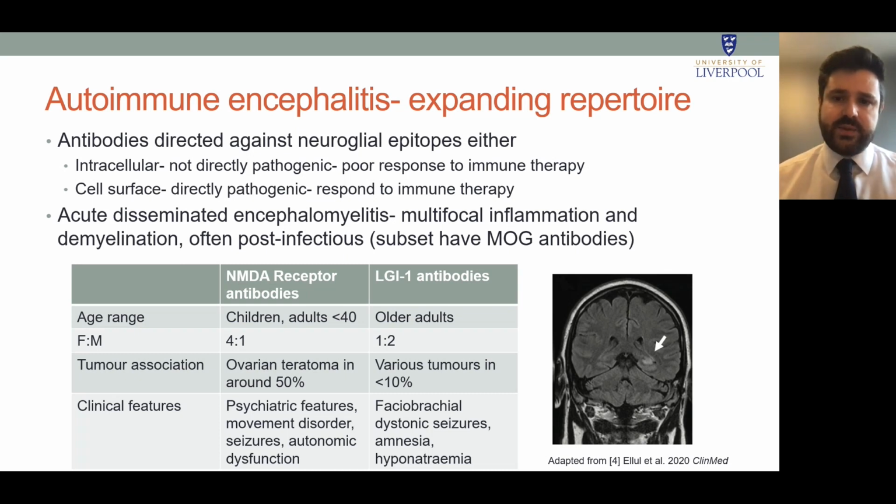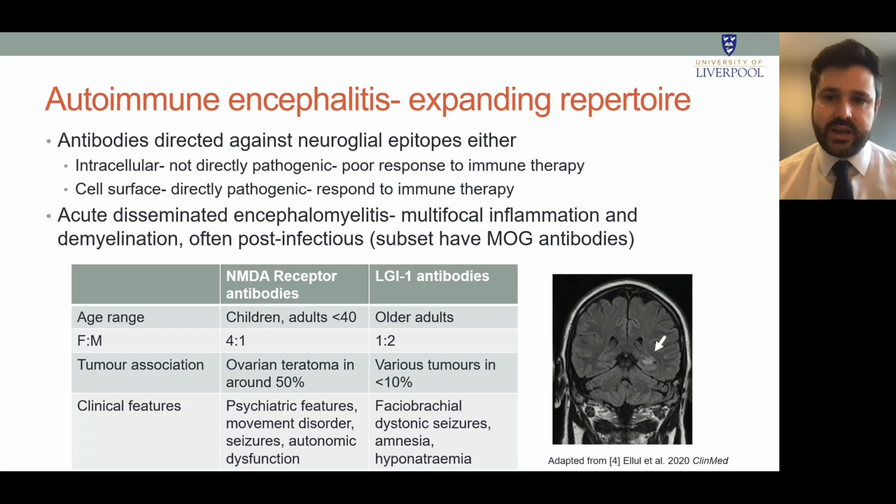These are unlikely to be directly pathogenic and generally had a poor response to treatment. But we're now increasingly recognizing antibodies against cell surface proteins. And these have good evidence for direct pathogenesis because they can access their epitopes, they can modulate their function, and they generally have a good response to immune therapy.